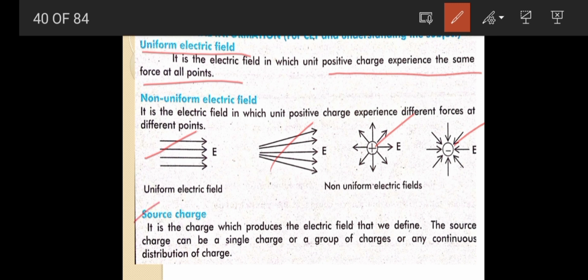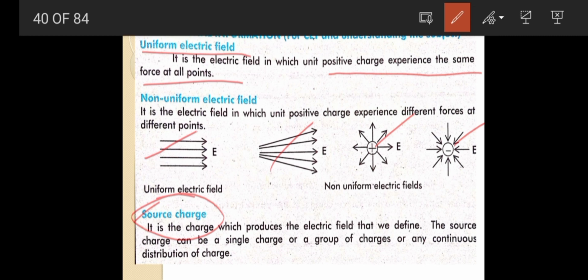So now let us have a glance at the definition of source charge. Source charge is the charge which produces the electric field that we define. It is the source from which the electric field is arising, the point from where the electric field originates.